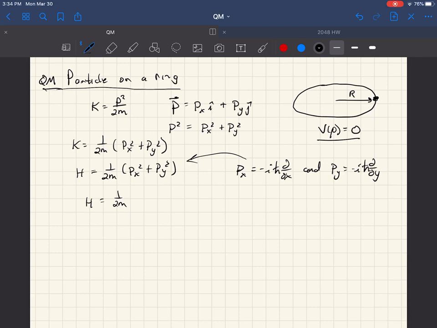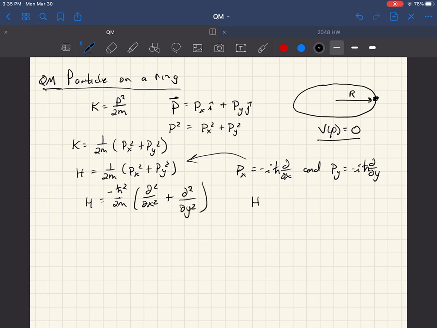The i is squared, so you get a negative. And h bar is squared. So we're actually going to have a negative h bar squared on each one of those momentum terms. So we have the second derivative with respect to x, and the second derivative with respect to y.